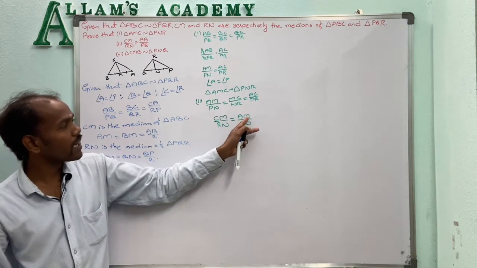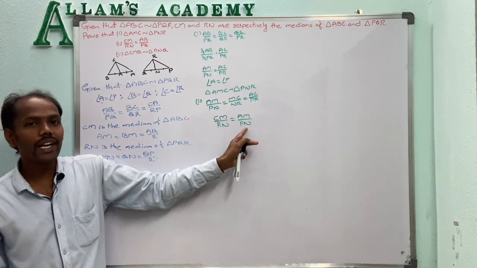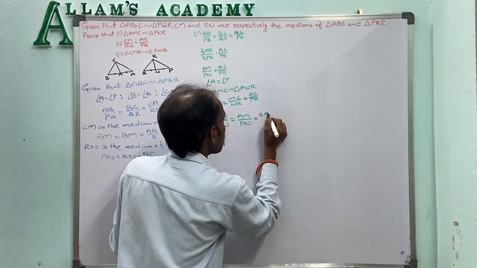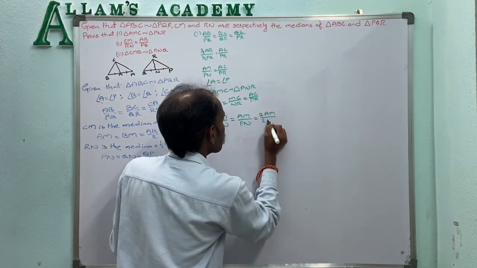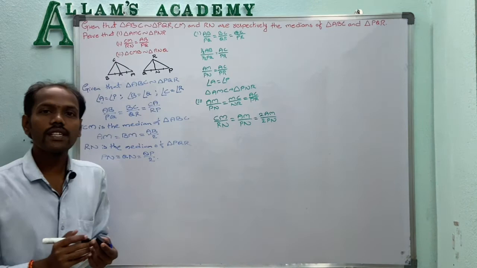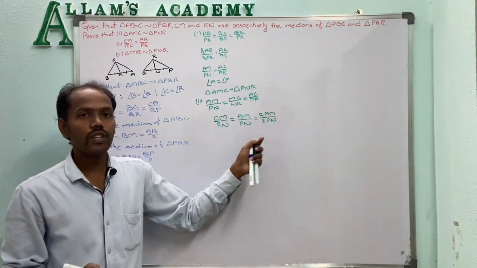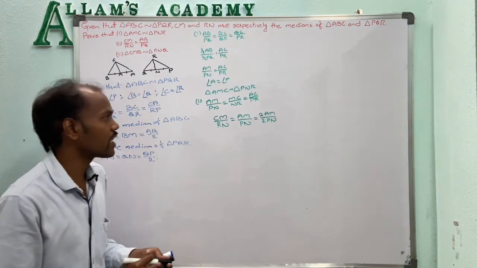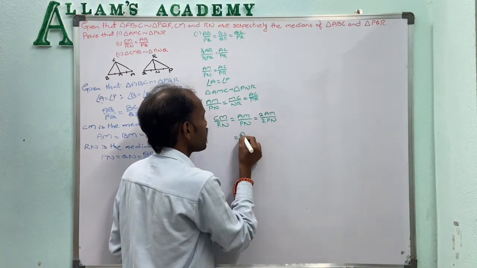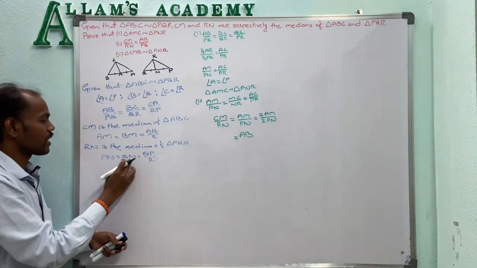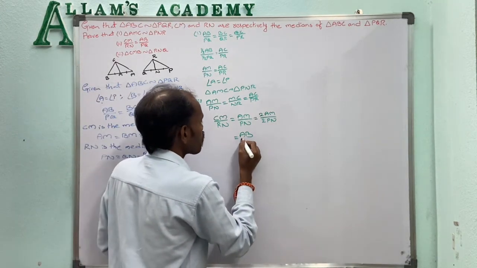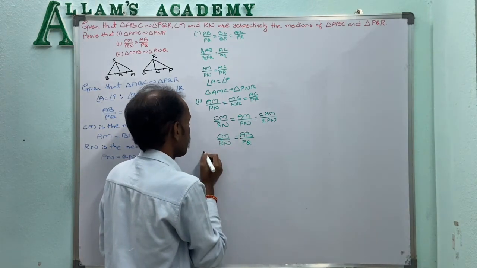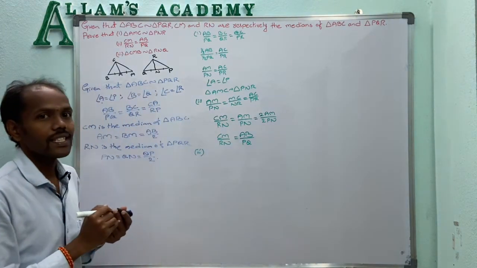Now multiplying both numerator and denominator by 2, 2AM by 2PN. With the same number we multiply, so the fraction will not change. So 2 times AM is the side AB, and 2 times PN is the side PQ. So CM by RN is equal to AB by PQ. It is the second proof over.